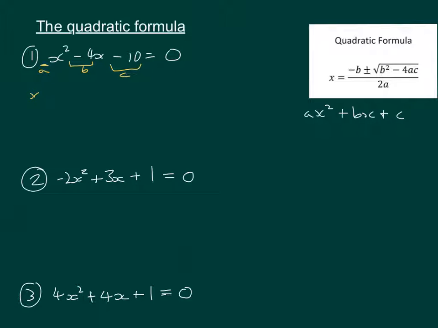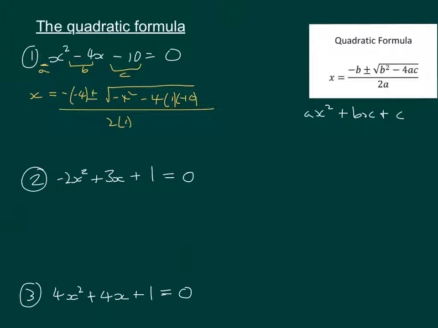So x equals minus B, so that'll be -(-4) plus or minus square root of -4 squared minus 4 times A, which is 1, and C, which is -10. And that's all over 2 times A, which is 2 times 1.